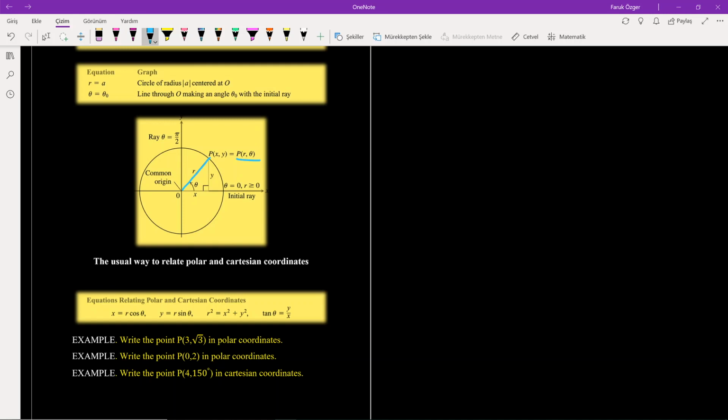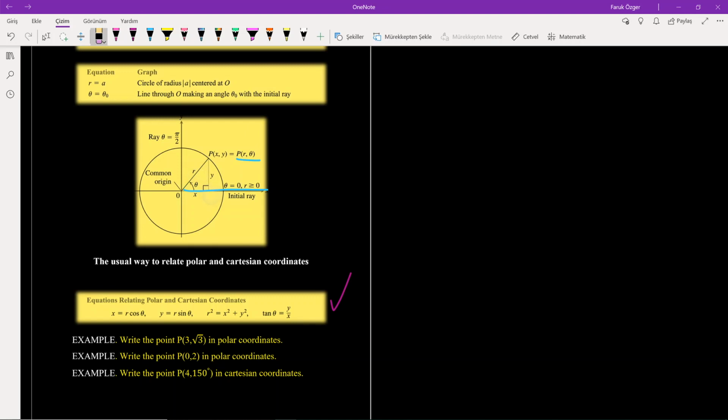And theta is the angle made between the positive x-axis and that line. So this is theta. I think you are familiar with these formulas, but let's try to remember how we get all these formulas.